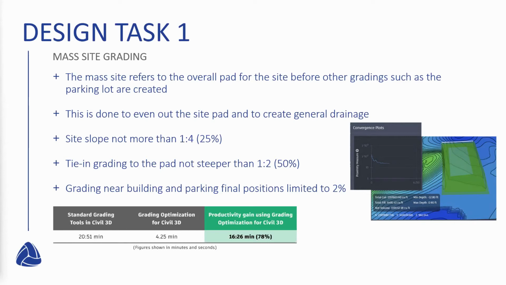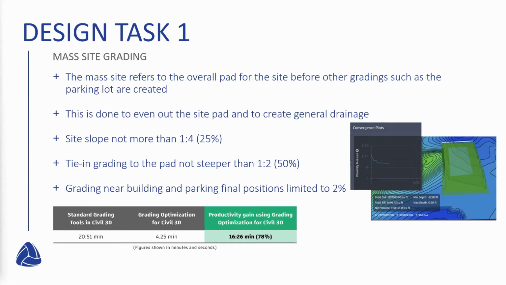But when doing this process with grading optimization for Civil 3D, I believe this ended at around 3,000 iterations. It took 4 minutes and 25 seconds to get to a balanced design. That is just to get to the adequate slopes, to not exceed those slopes and to get as good of a drainage line as possible.